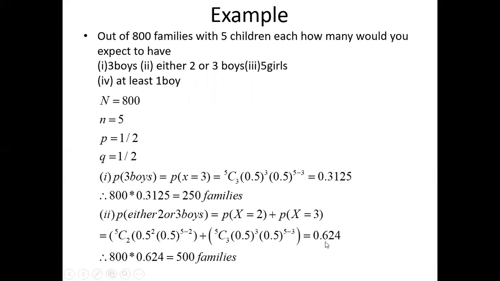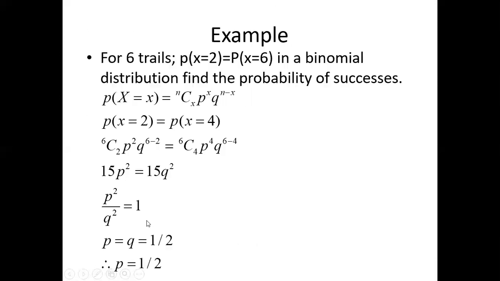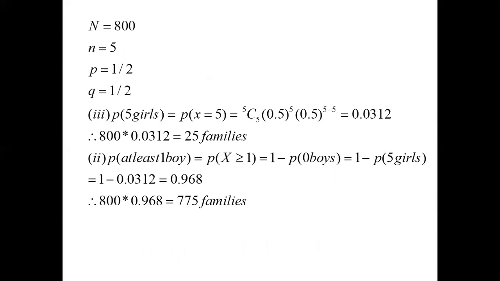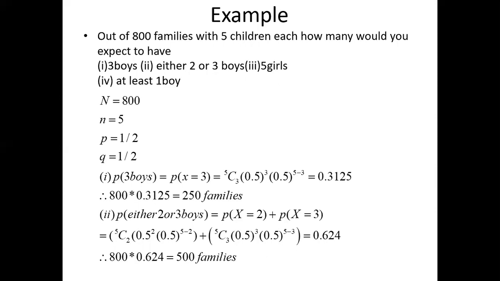So the answer is 0.624. This is the probability of either 2 or 3 boys. Then the total number of families is 800, so 800 into 0.624, so approximately we will get 500 families with either 2 or 3 boys.